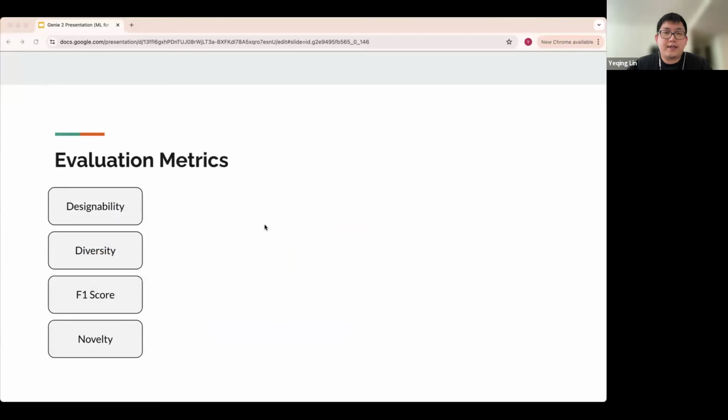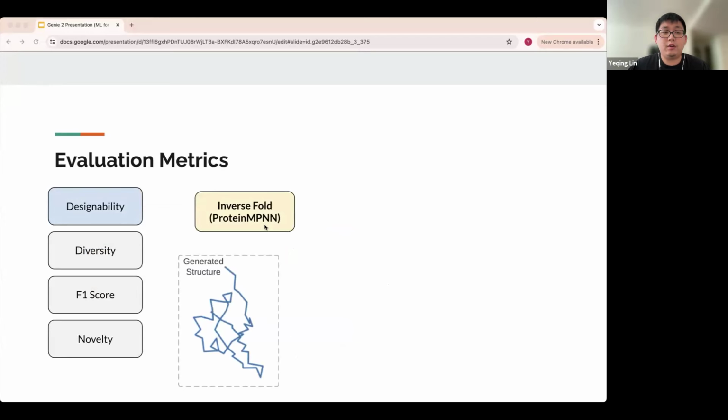Starting with designability, how do we consider a generated structure as designable? We apply the commonly used self-consistency pipeline. The idea here is that starting with the generative model, for example a structure generated by Genie 2, we pass it through the inverse folding model, which is ProteinMPNN in this case, which gives us a sequence.